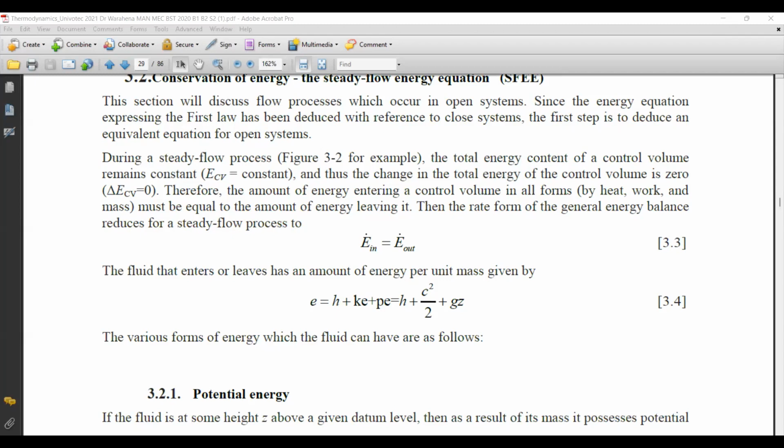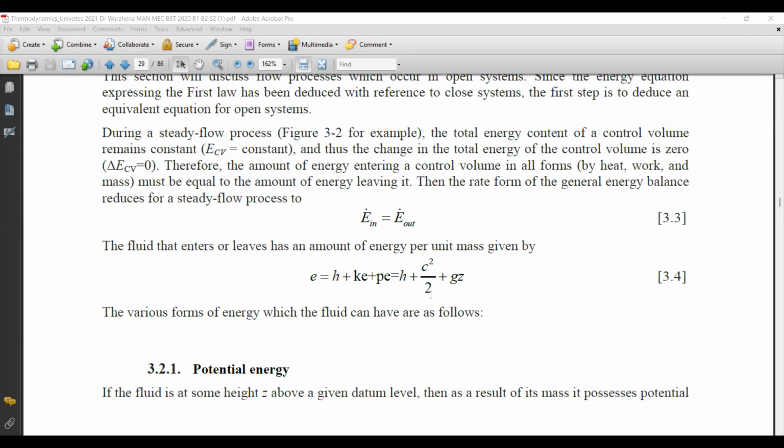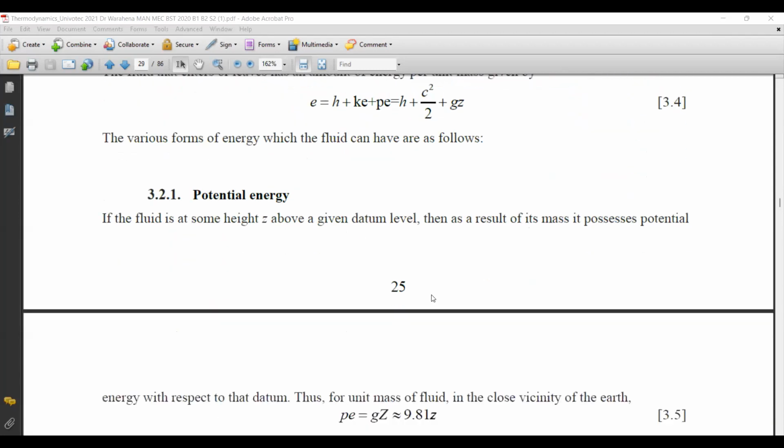In your note, where is the note? Yeah, okay. You read this.